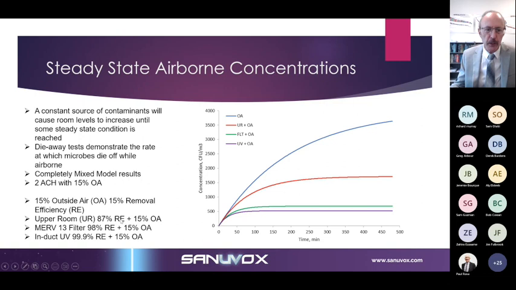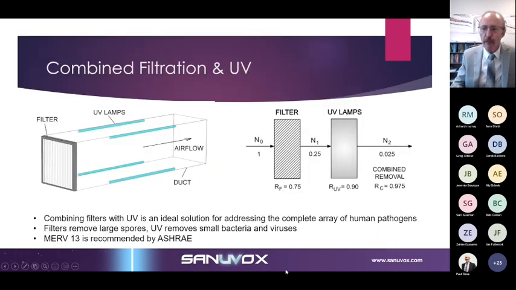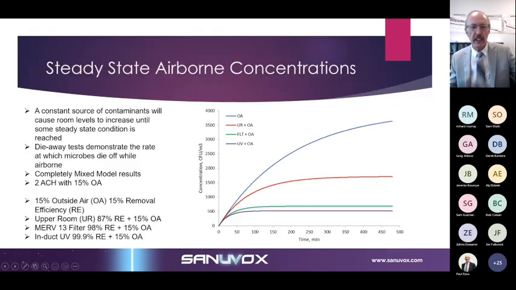If we use a filter, a MERV13 removing 98% of the particular microbe that we're testing here, we get a major reduction in the green. And if we use ultraviolet light with a 99.9% reduction, and all these values are from an actual test, we see the largest reduction in concentrations occur from the in-duct UV system.